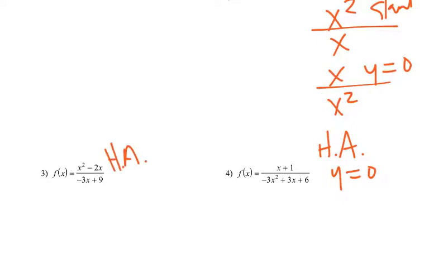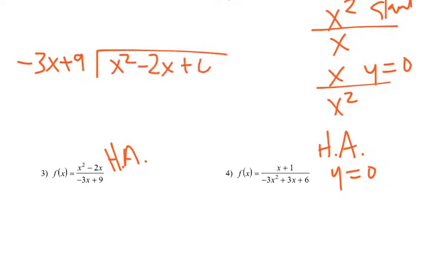what we actually have to do is long division. So we'd go negative 3x plus 9 goes into x squared minus 2x plus 0, essentially. To get negative 3x plus 9 to match up to the x squared, we would have to multiply by a negative 1/3 x.